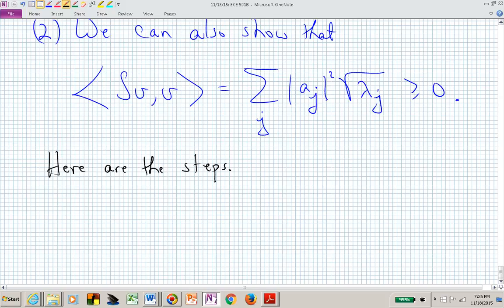Here are the steps. Suppose, since we have V as an arbitrary vector and E as an orthonormal basis, we can write V as some linear combination of those orthonormal basis vectors. Let's just say it's A1 E1 plus A2 E2 plus A sub n E sub n.